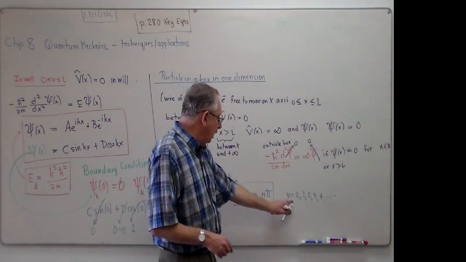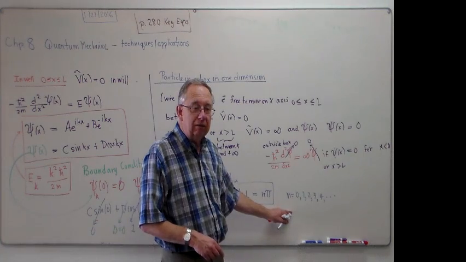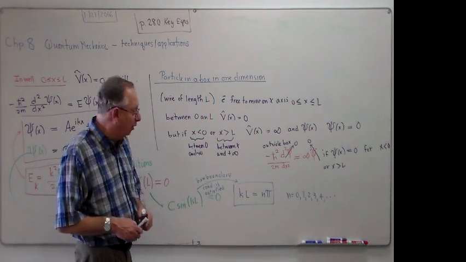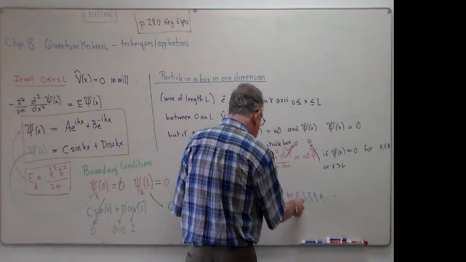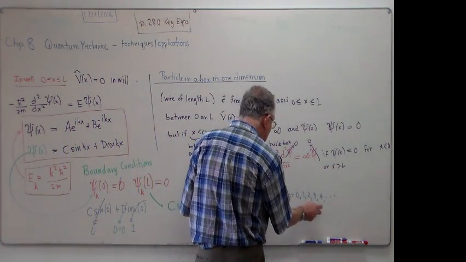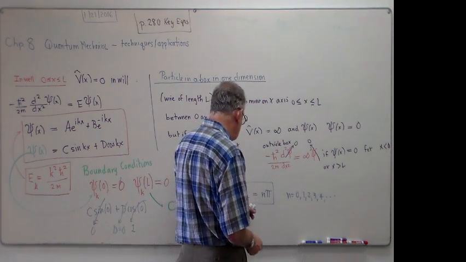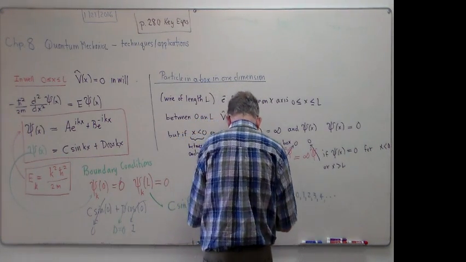In fact, it could even be 0, right? Because the sine of 0 is 0. The sine of pi is 0. The sine of 2 pi is 0. The sine of 3 pi is 0. So KL equals n pi.